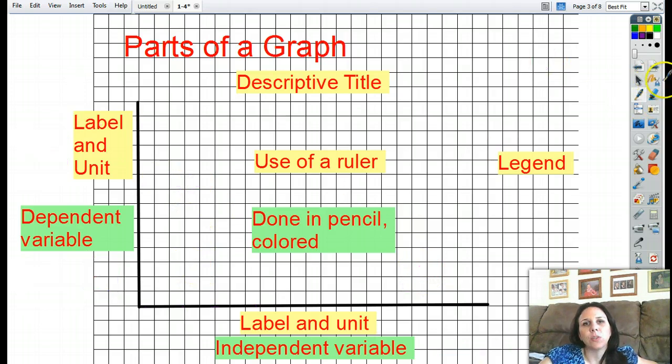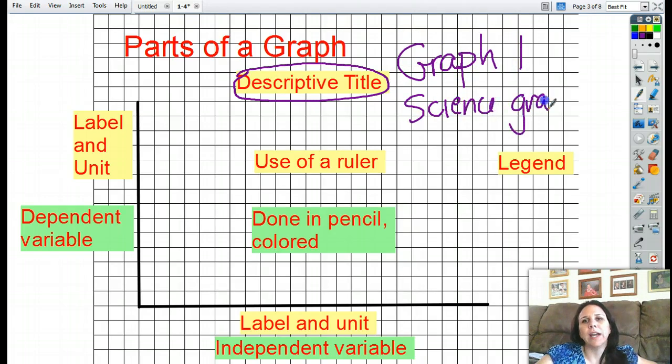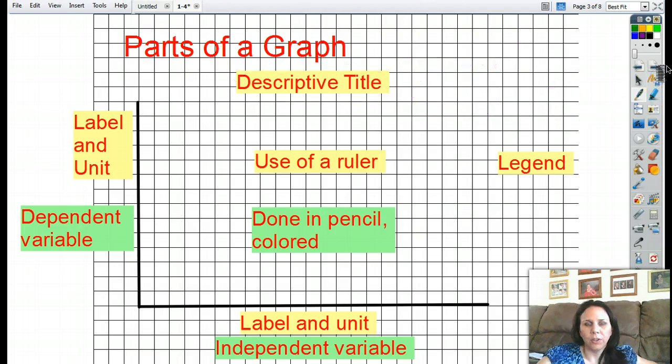Okay, so what are some other things? The descriptive title. This is the one that bugs me most of all. People, for a title, say graph 1 or science graph. No, no, no, no. These are not good titles. A title needs to be descriptive.